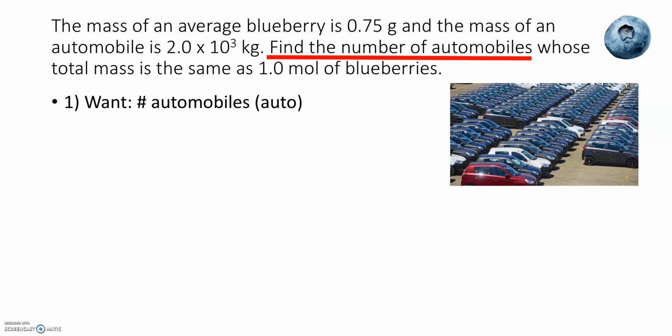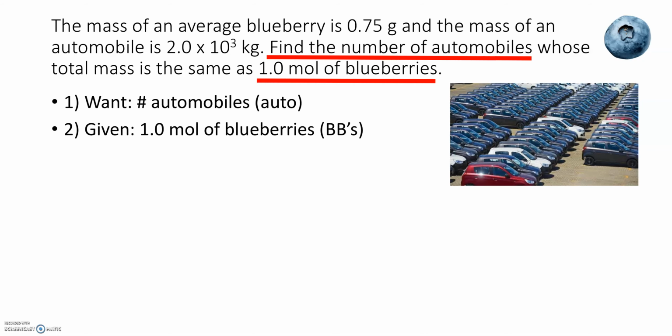So both of those are mass ratios. Now, the number of automobiles, that's not a ratio. When I'm looking at a set number, it's not number of automobiles per anything. All I want to know is the number of automobiles in 1 mole of blueberries. So the given is 1 mole of blueberries because it's not a ratio.